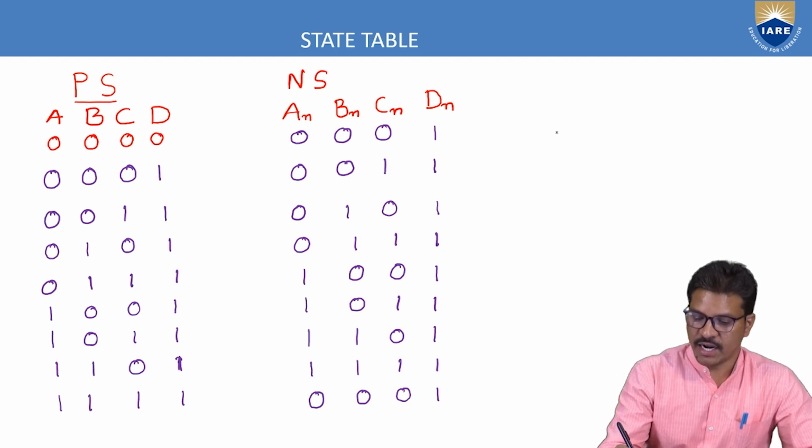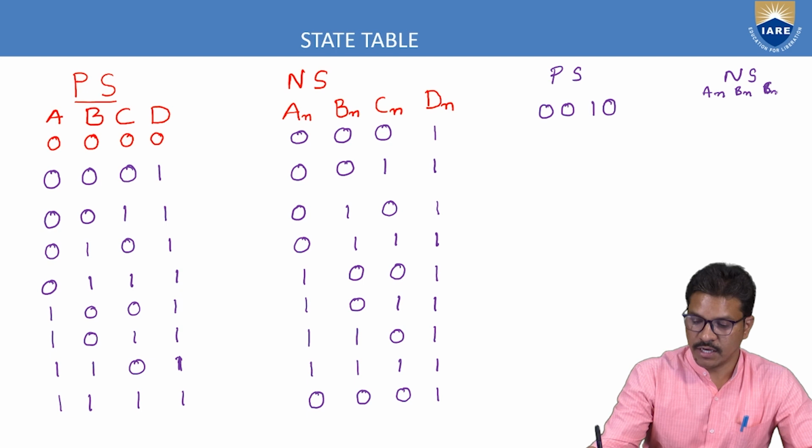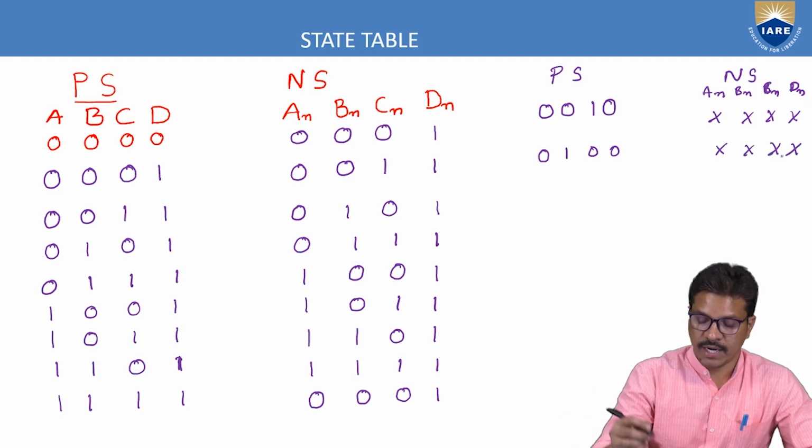For example, if the present state is 0 0 1 0, the next state AN, BN, CN, DN is don't care. So we are not bothered about this one. For 2, for 4, we will treat it as don't care.